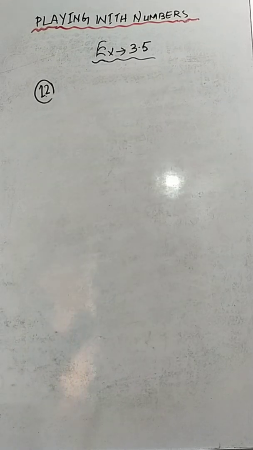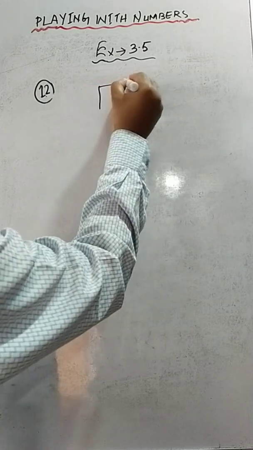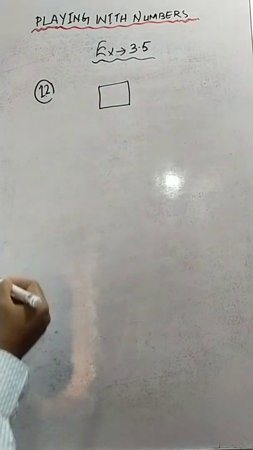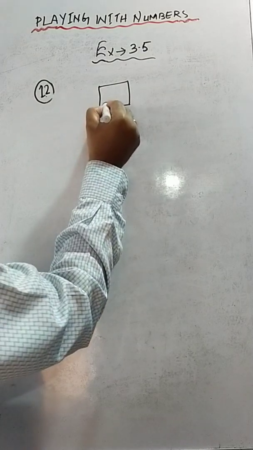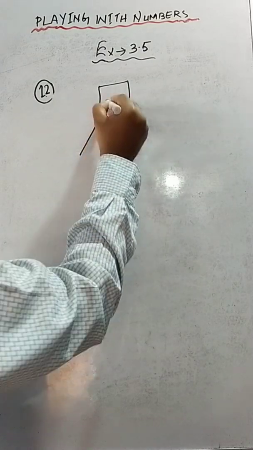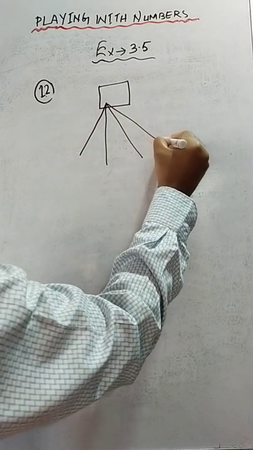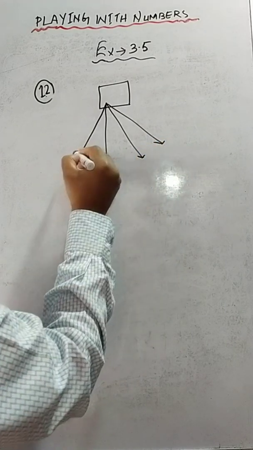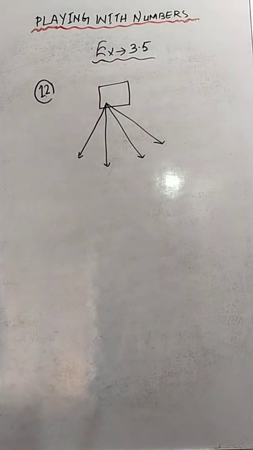So question number 12 is very interesting. I'm the smallest number having 4 different prime factors. So suppose a number is given, we do not know the number, and this number is carrying 4 different prime factors.